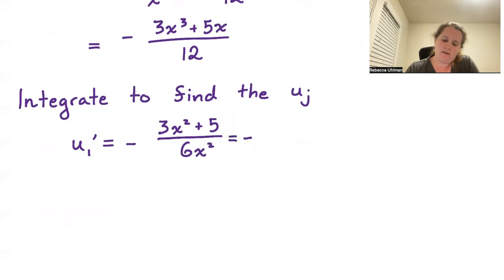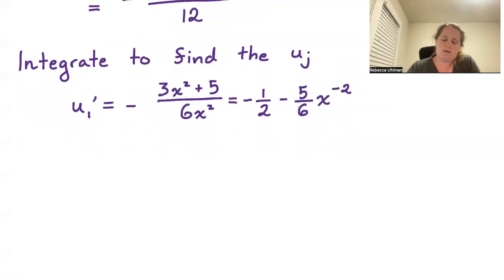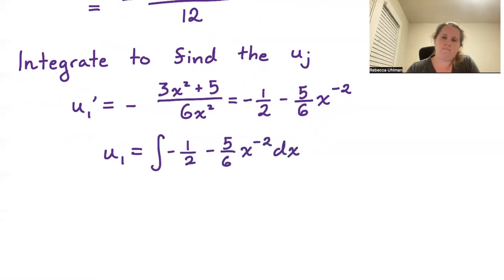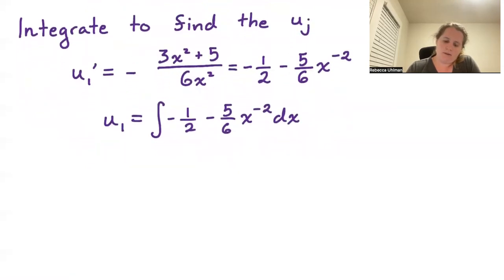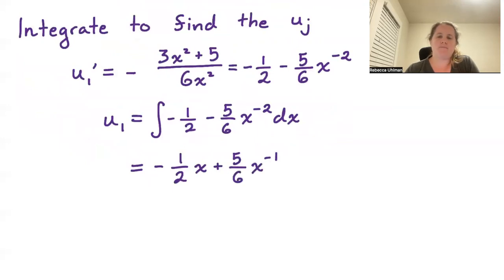So we are just looking at a -1/2 minus 5/6 x to the -2. u1 is therefore the integral of -1/2 minus 5/6 x to the -2 dx. And that will give us -1/2 x plus 5/6 times x to the -1. And then, of course, plus c1. So this is our u1.